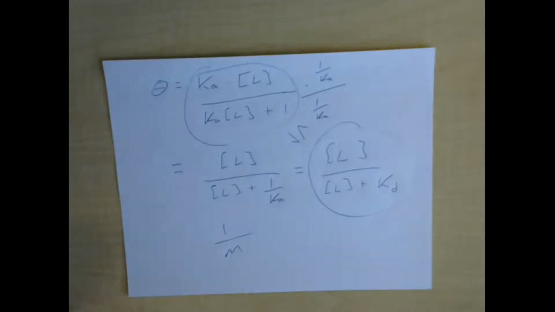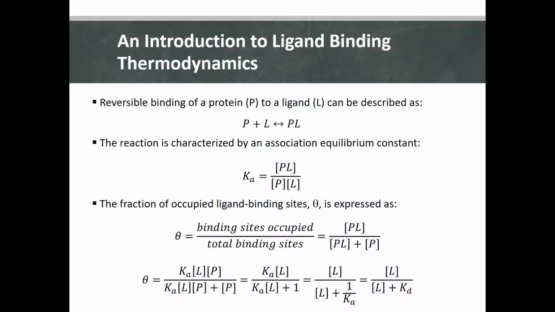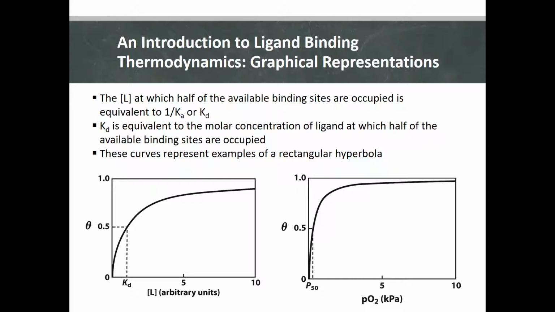All right, so now let's move back and continue on. Now if I plot that function that I just derived, fractional saturation, what you're going to see is a function that looks like this. So here I am plotting fractional saturation on the y-axis and ligand concentration on the x-axis.